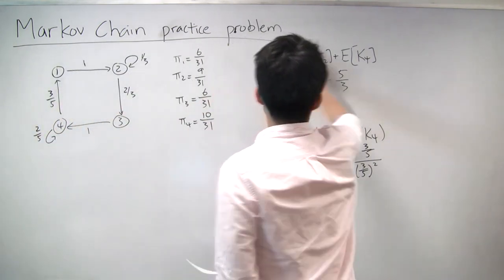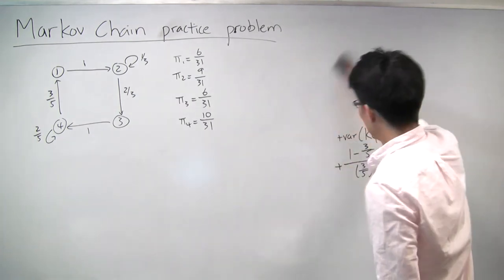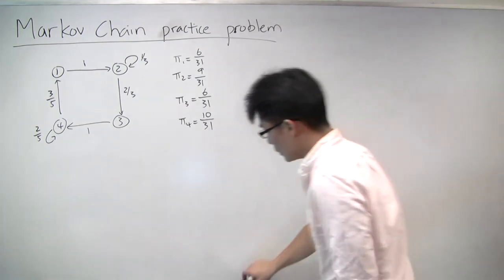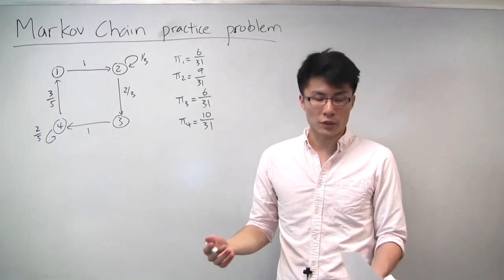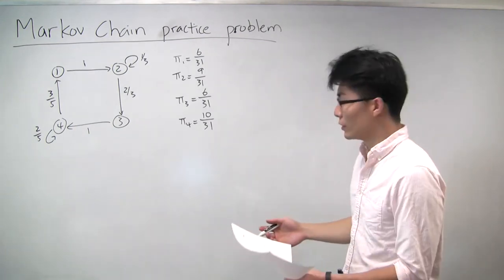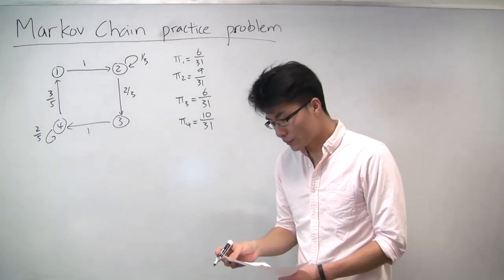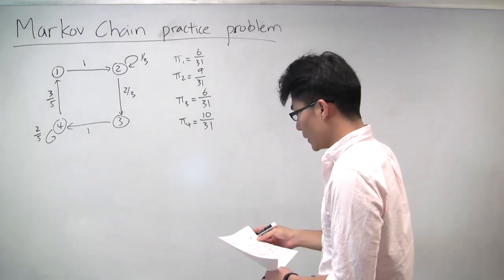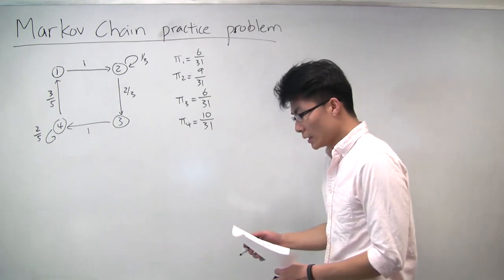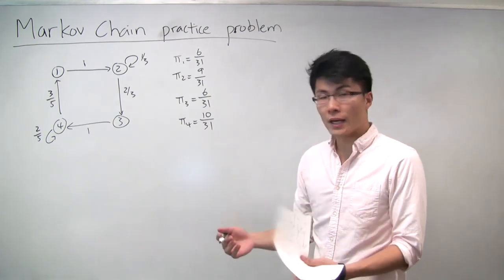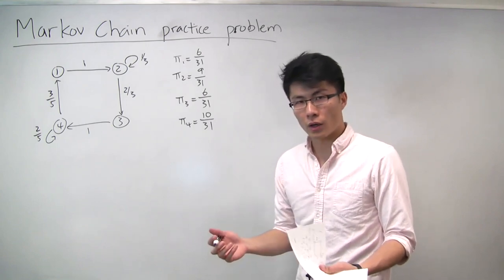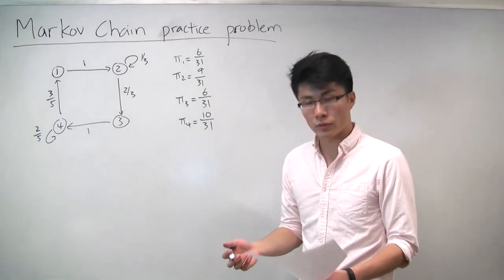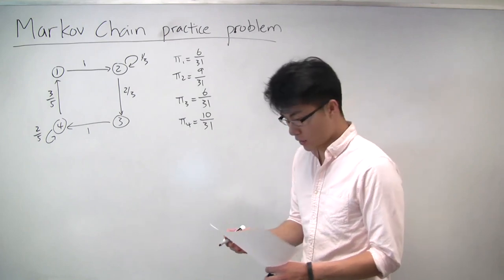The second part of the problem is related to the 999th transition, the 1000th transition, and the 1001st transition. What it's asking is, what is the probability that the 1000th transition is different from the 999th transition, and also the 1000th transition is different from the 1001st transition?